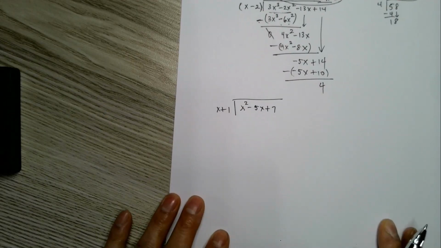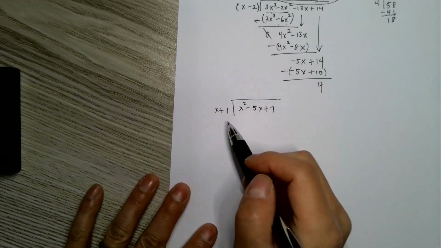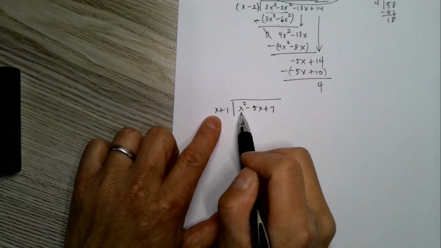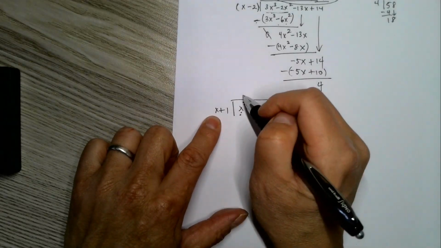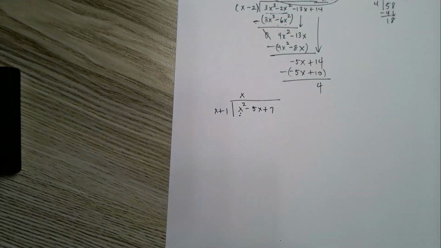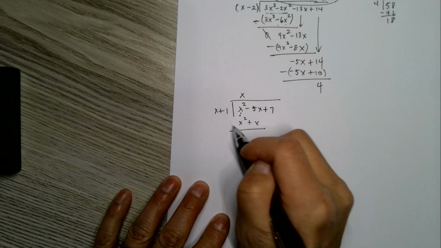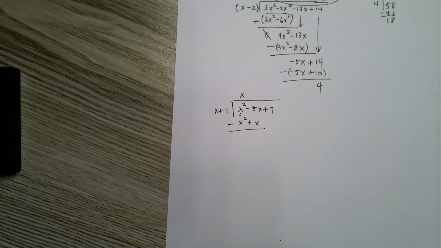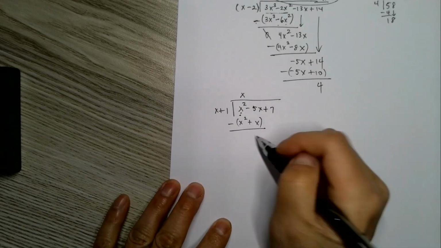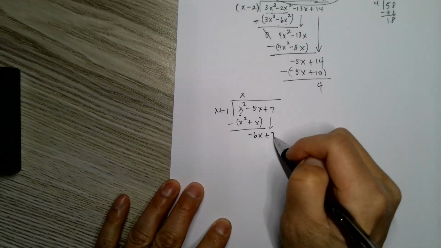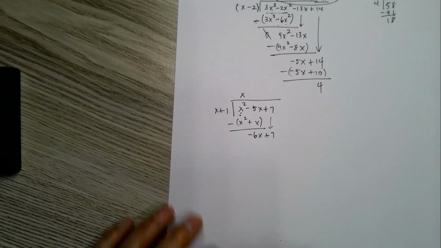So I focus on the first term here and the first term here. X goes into x squared x times. Then I multiply. Then I subtract. Bring down the 7, plus 7. I do it again.